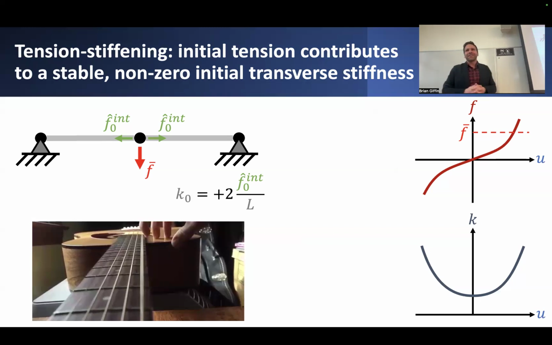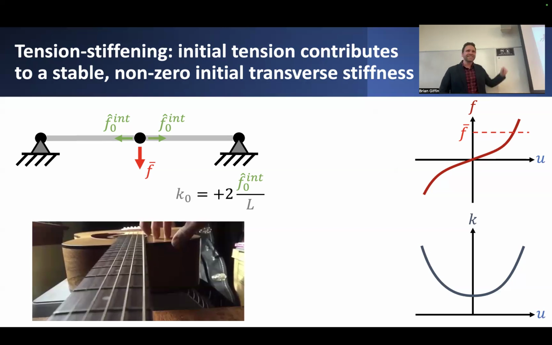If you're familiar with concepts from structural dynamics, that difference in transverse stiffness will lead to a different natural frequency of vibration of this string, such that increasing the tension in this string increases its transverse stiffness, which increases the frequency at which it vibrates, which correspondingly influences the frequency that we hear when you play that string.